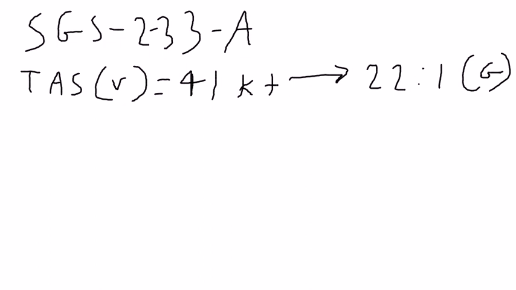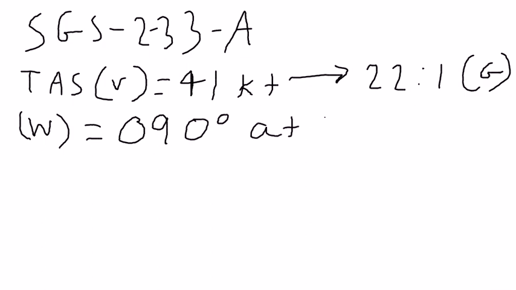And let's check the weather, and we'll see that the winds aloft in the height range that we're going to be flying, we'll call that W for winds aloft, are going to be coming straight out of the east, 090, at 20 knots.